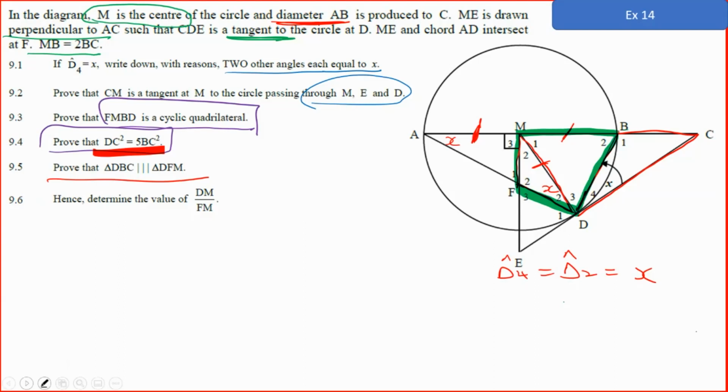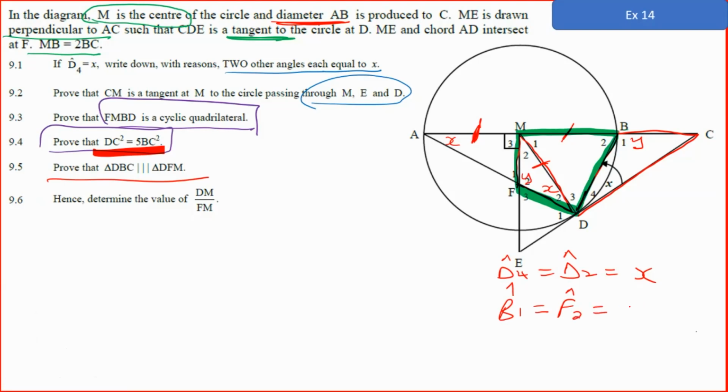Now, if that's a cyclic quad, then that solves our problem. B1 is equal to F2. Very good. If we call this Y, then this will be Y. In other words, B1 is equal to F2.